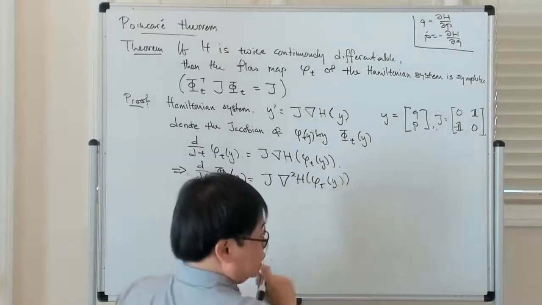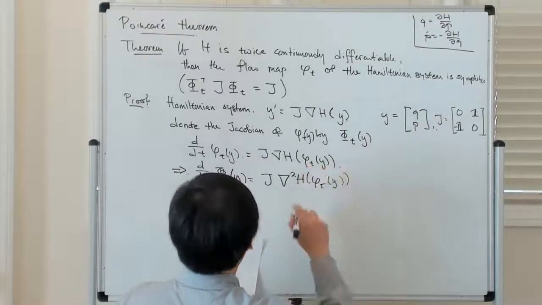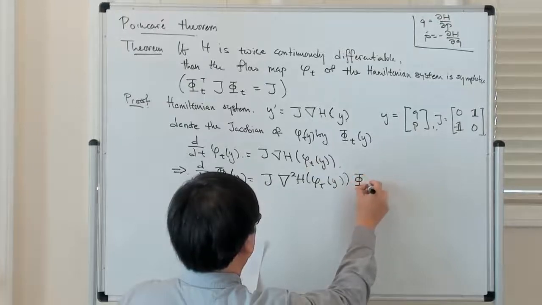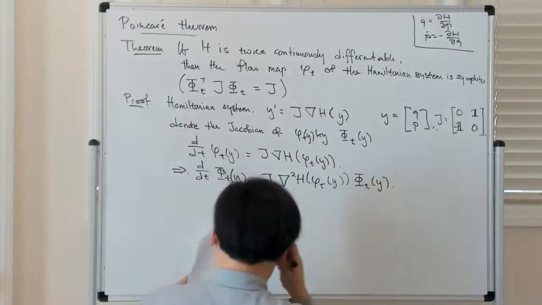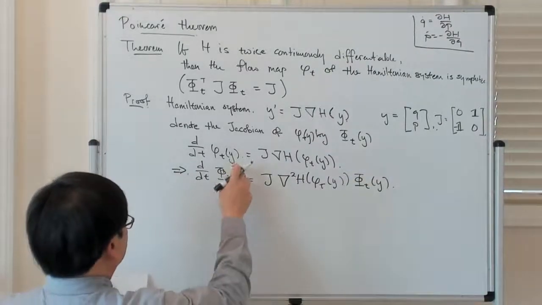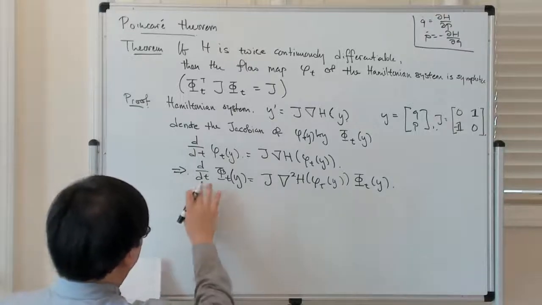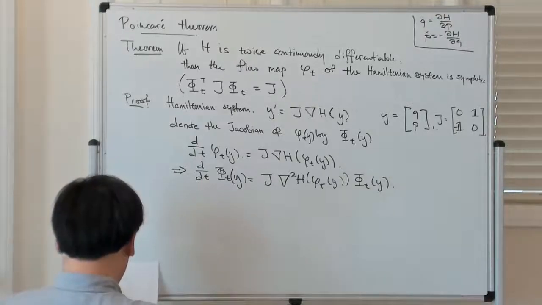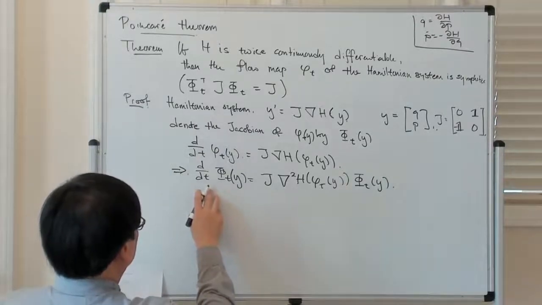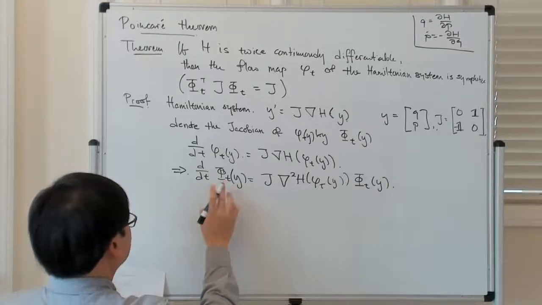You're applying the chain rule, so you have to differentiate this thing, and then you have to differentiate the inside. You're sort of mixing the order of the derivatives in essence.